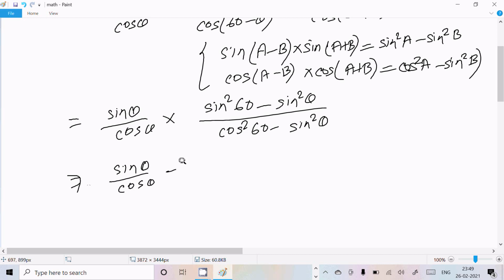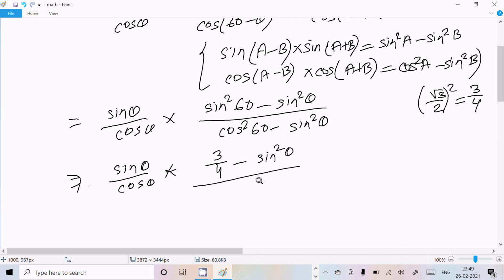Sin 60 degree we know is root 3 by 2, and the square is 3 by 4. So sin square 60 is 3 by 4, minus sin square theta. Now cos 60 is 1 by 2, and the square is 1 by 4, so 1 by 4 minus sin square theta.